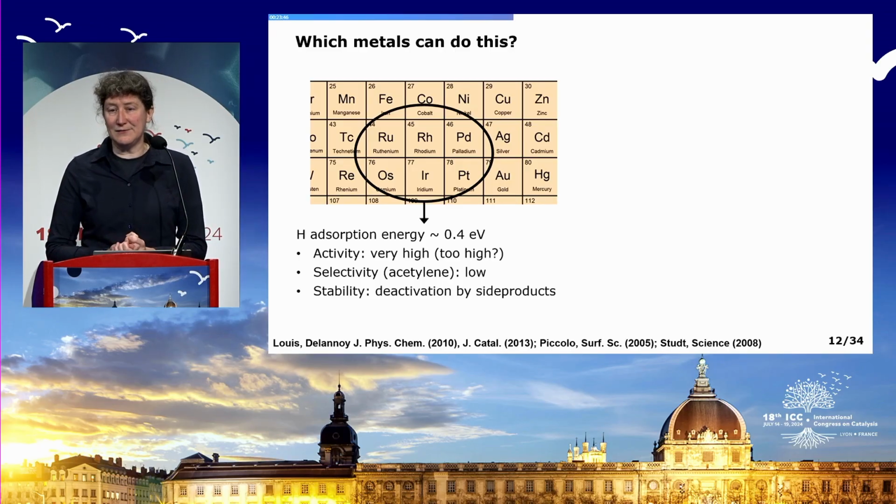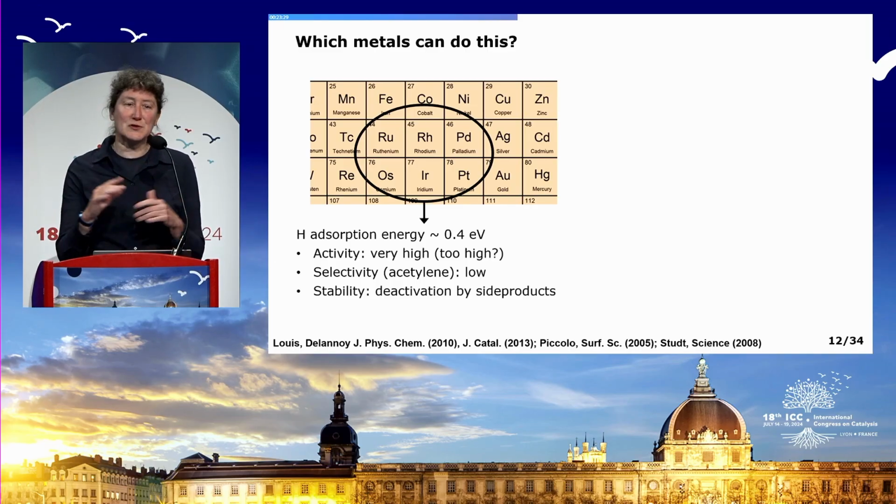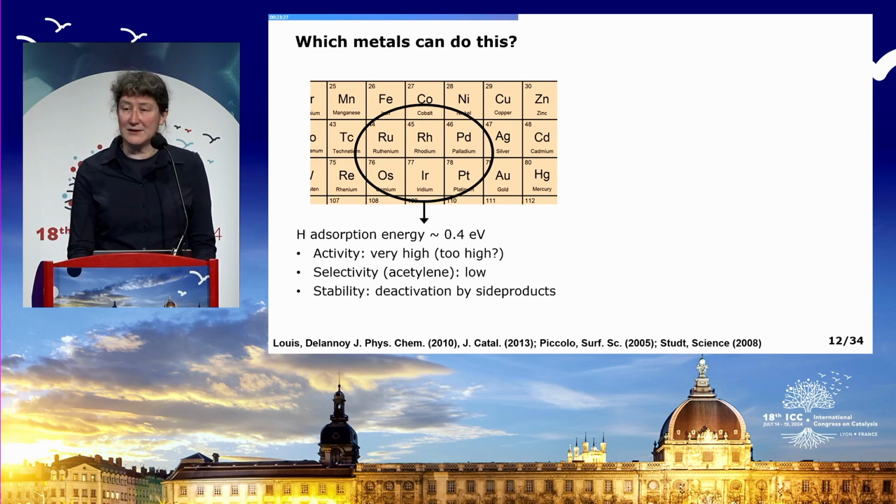But they're very active, and they might be too active to stop the reaction halfway, because they might really prefer to go all the way for the hydrogenation. So they're very active, but not so selective generally if you just leave them unmodified. And the stability is a bit jeopardized because you might form all sorts of oligomers and other things that might deactivate your catalyst very readily.